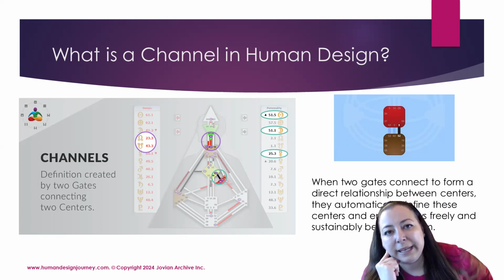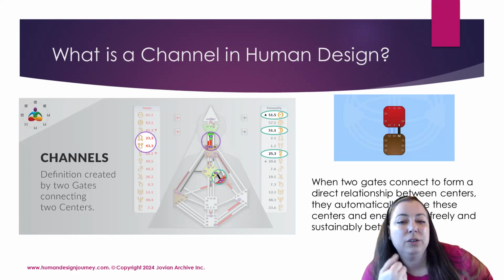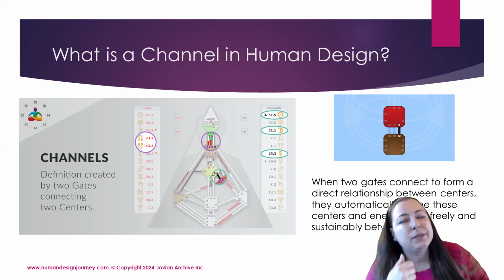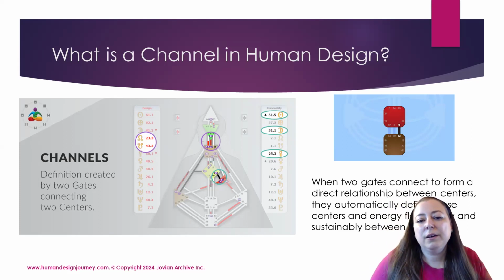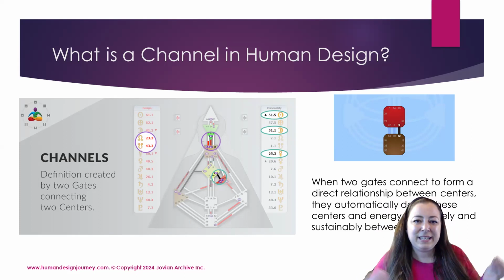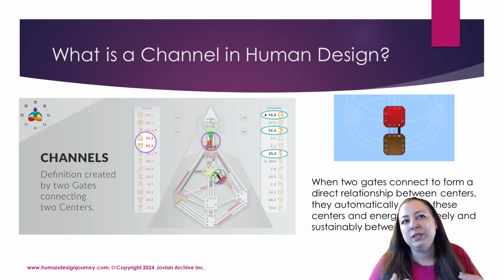So when you multiply this, it gives 1,028 combinations of each separate gate. And there are 64 gates. So you see it's numerous combinations, and it really distinguishes you, makes you different than all the rest.